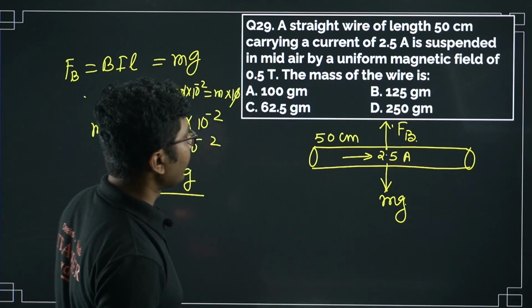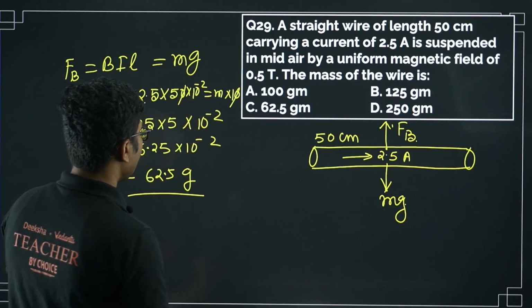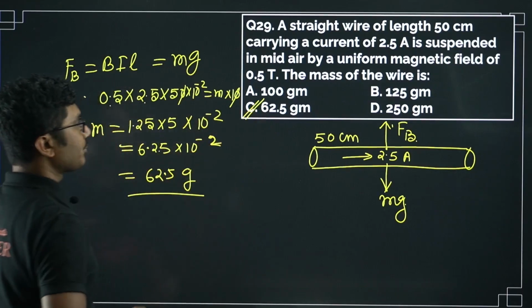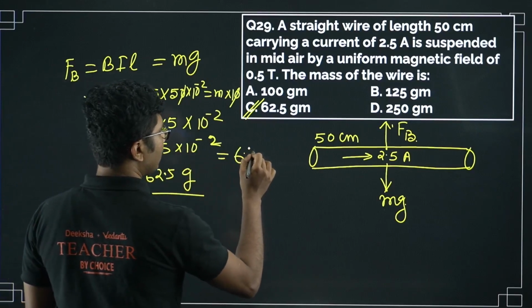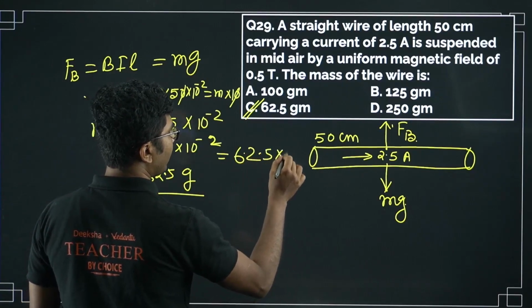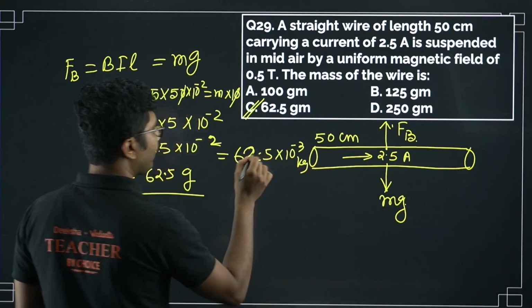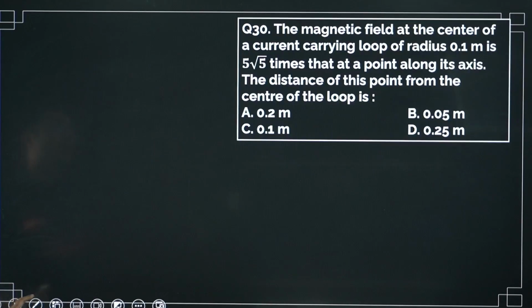So the correct answer is option C. It will be 62.5 into 10 to the power of minus 3 kilograms. So 62.5 means 62.5 grams. Be careful.